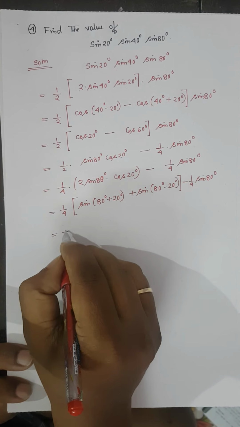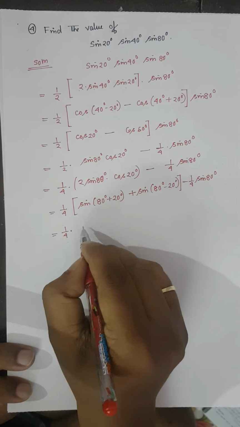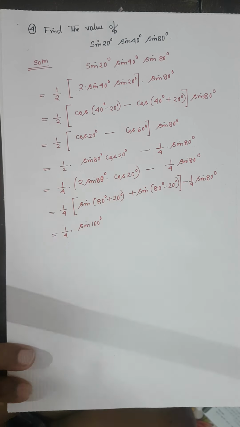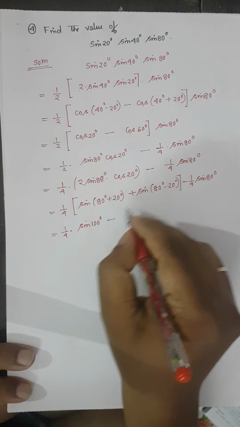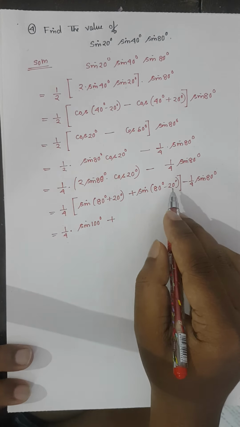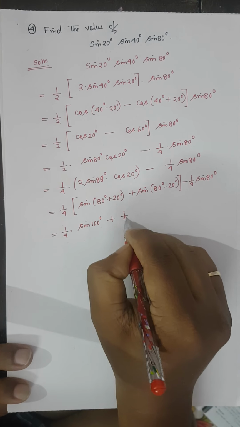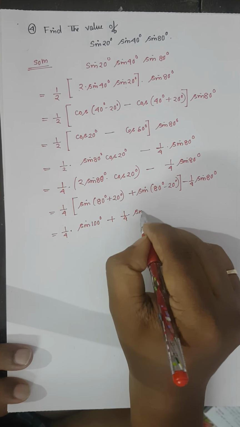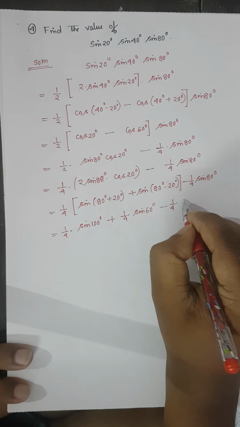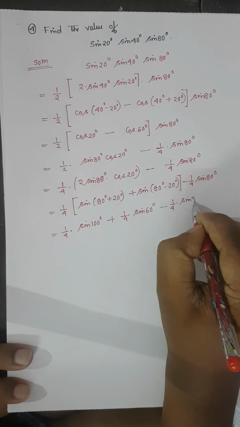See, this is 1 by 4th of sine 100 degree plus, 80 minus 20 is 60, 1 by 4th of sine 60 degree, minus 1 by 4th of sine 80 degree.